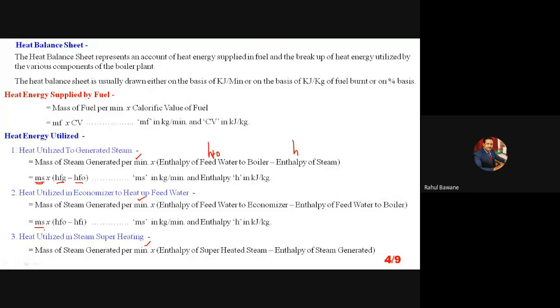As ms of steam is supplied to the superheater, that much space is there in the boiler, so we supply ms amount of water to the boiler again. It is a continuous loop. So again, mass of steam generated per minute multiplied by the enthalpy change, that is enthalpy of superheated steam minus enthalpy of generated steam. Our formula will be mass of steam multiplied by H super minus H generated steam.